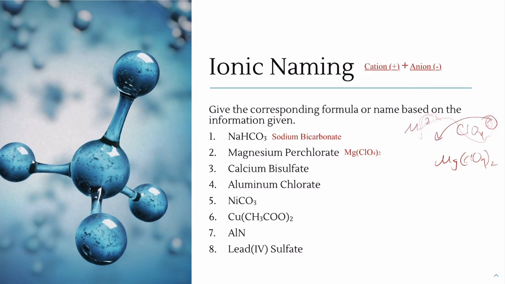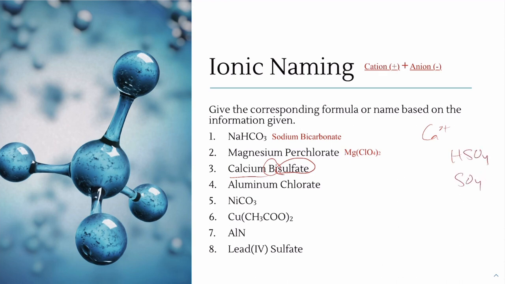All right, now on to number 3. It says calcium bisulfate. Calcium I know has a 2 plus charge, and then bisulfate is not necessarily one that you have to have memorized, but you should recognize the pattern. You should know what sulfate is, and knowing what we've done with bi before, bi means we've added a hydrogen to it. So this is going to be HSO4, and what was SO4 before?